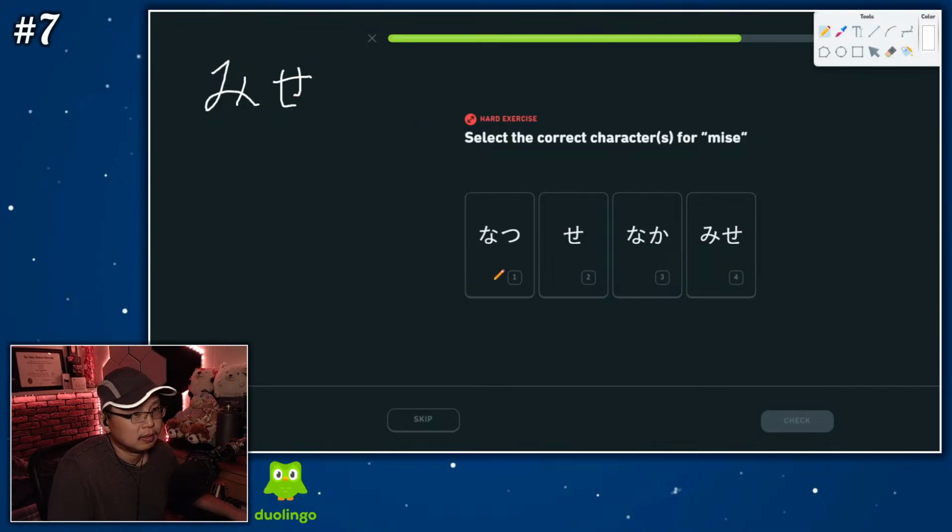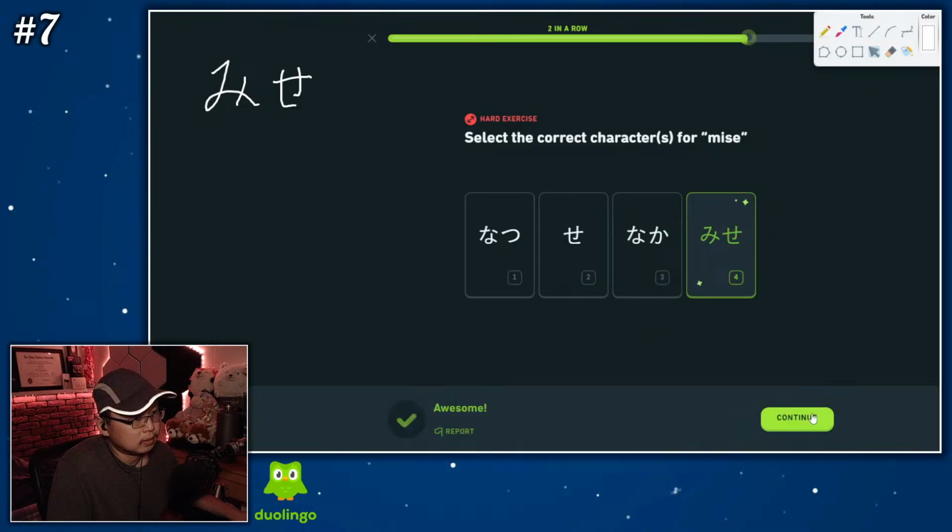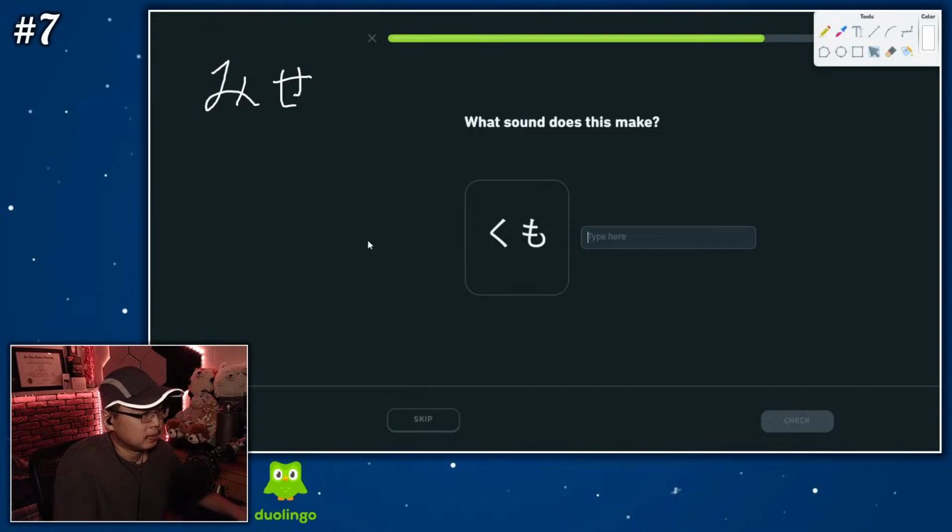Oh, me say. And then this is natsu. Say. Naka. Okay. And then kumo.